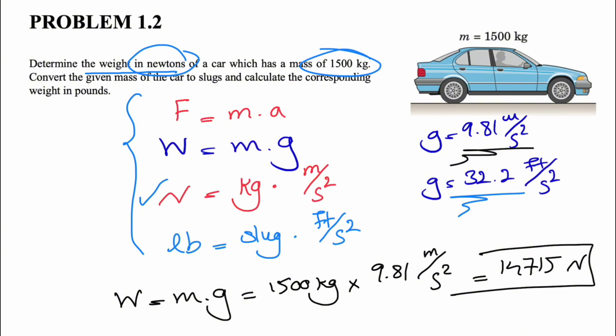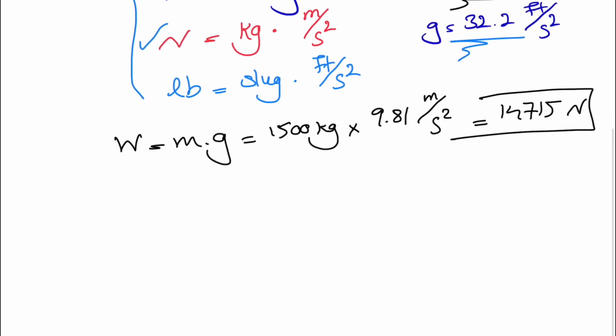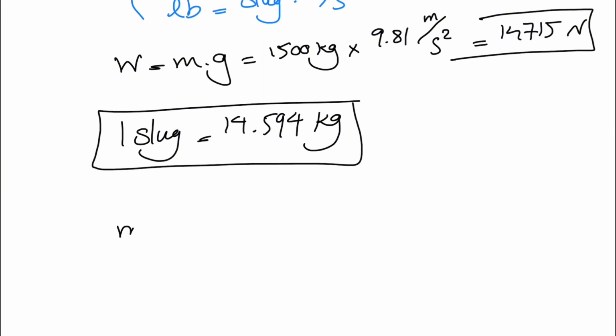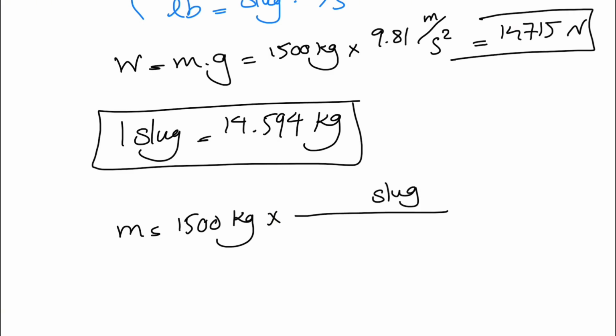So that was the first part of the question, and in the second part we need to convert the mass of the car to slugs, and we know that one slug is equal to 14.594 kilograms. So keeping this in mind, we know the mass of the car is 1500 kilogram, and in order to get it in slug, we have to have kilogram in the denominator in order to cancel out the kilogram in here, and we'll end up with the slug.